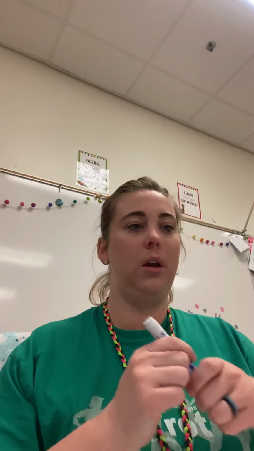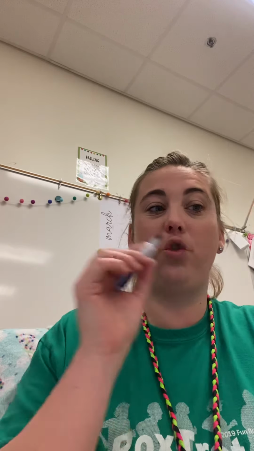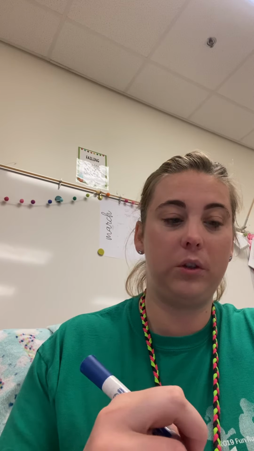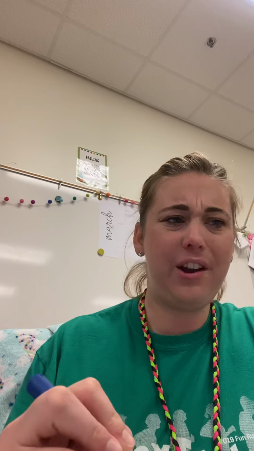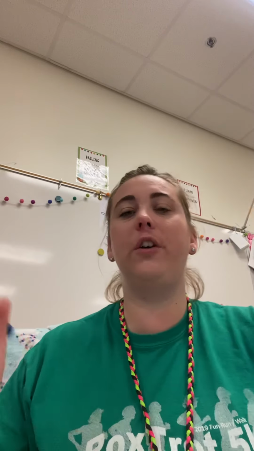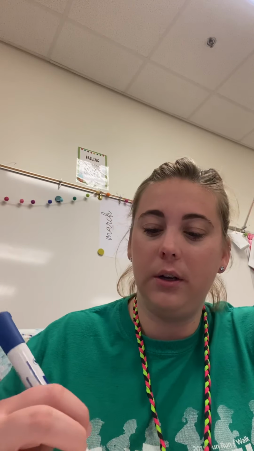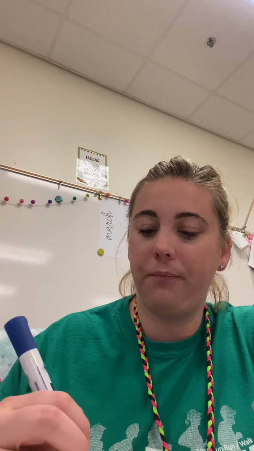Oops. Okay, so the first one says 2/8 is greater than 2/6. So we're going to kind of do that one. What should I do first? What's the very first thing we should do whenever we do comparing fractions? You're right. Yes, fraction bars, of course. Okay.